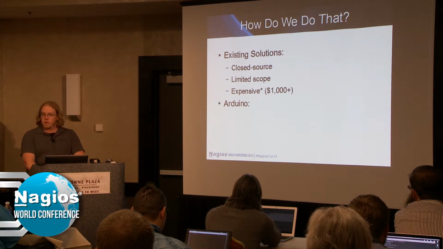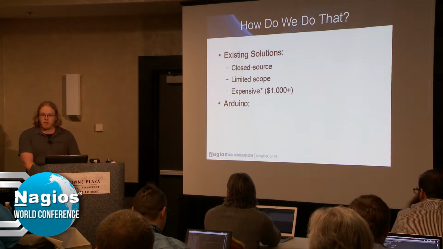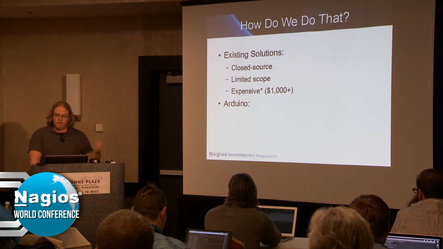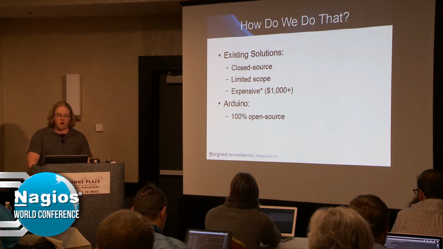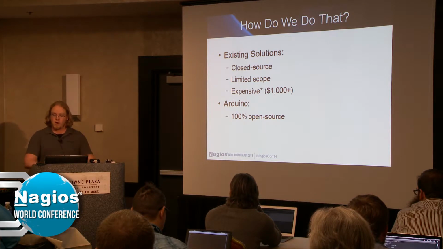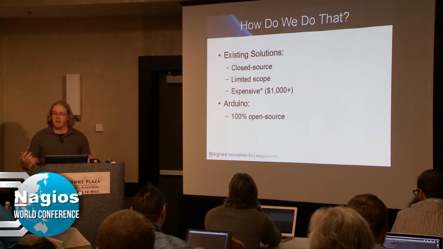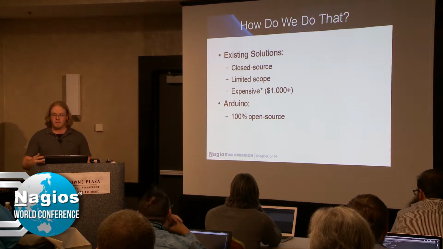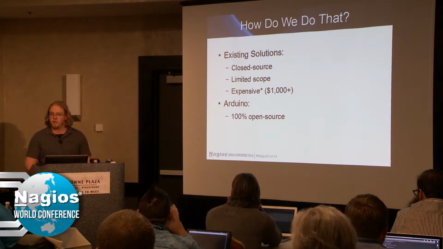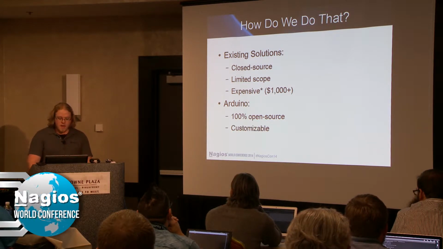So the solution I'm proposing is to use the Arduino embedded platform. Kind of as counterpoints to all those, they are 100% open source. There are many, many revisions of the Arduino platform, which I'll go into detail later. Both the hardware and the software are completely open source. You can change it, modify it, delete whole chunks, and this whole community has popped up around building bigger, better boards or boards customized to certain needs.